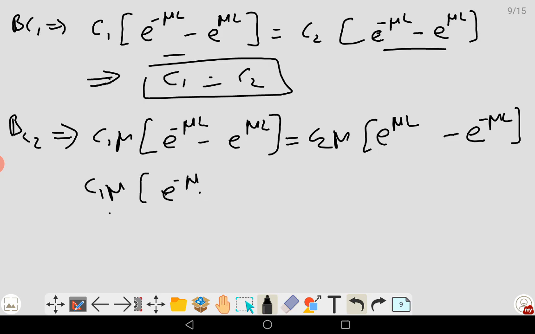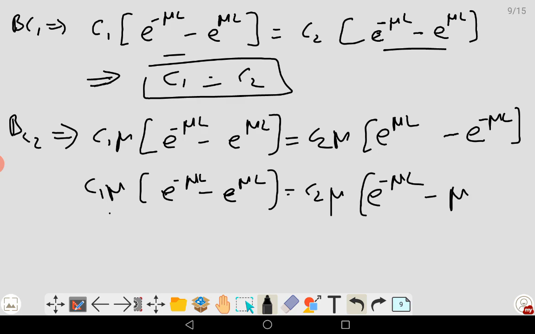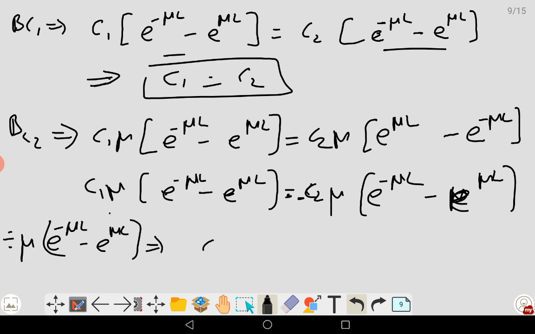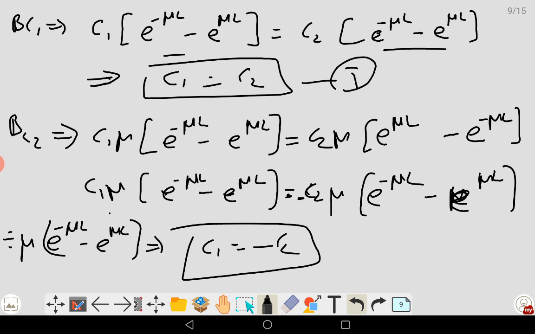Now divide by mu times e raised to minus mu L minus e raised to mu L. You get c1 is negative c2. The first conclusion was c1 equals c2, but another conclusion is c1 is equal to negative c2.